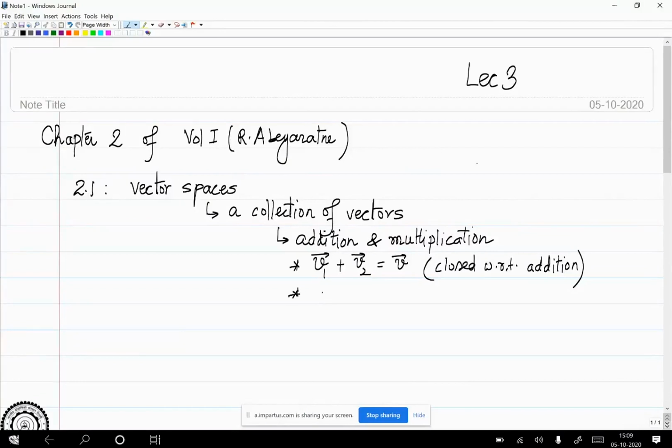Similarly, multiplication with respect to a scalar, so alpha times v also lies in the same vector space. So we say it is closed with respect to scalar multiplication.